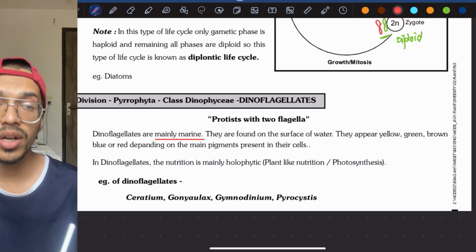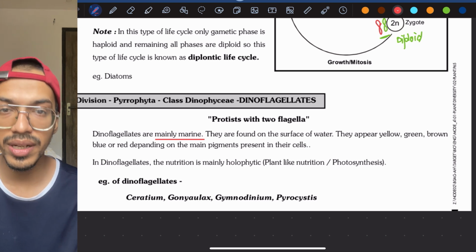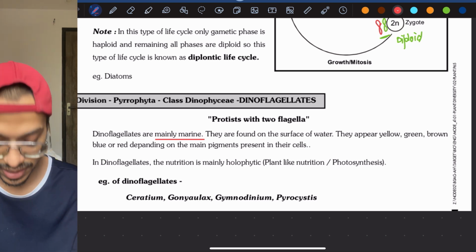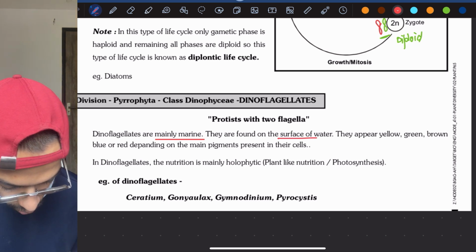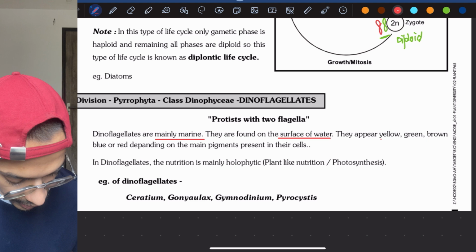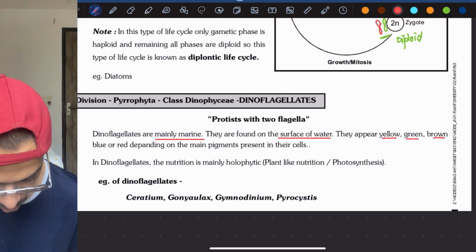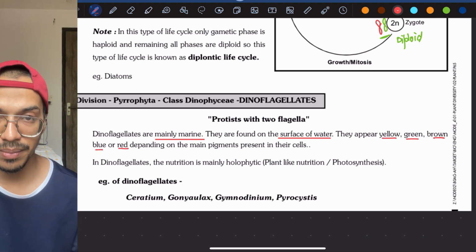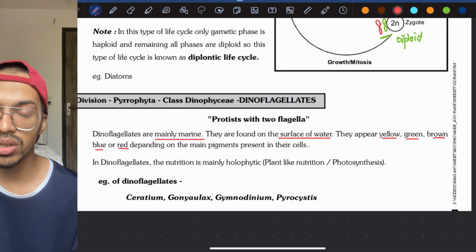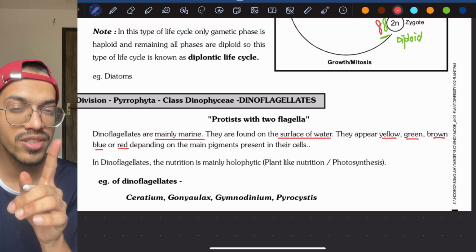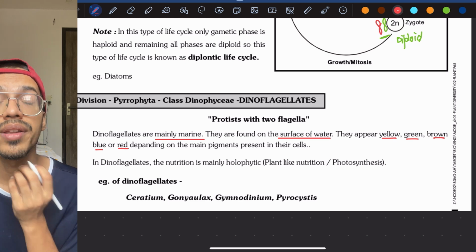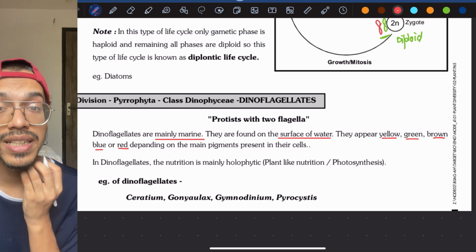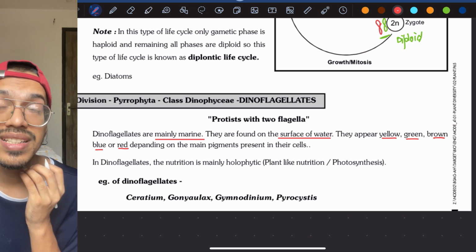They are present on the surface of the water, and that's why they give a particular characteristic color to it. For example, they appear yellow, green, brown, blue or red depending upon their main pigments, and they cause red tides. We studied about the Red Sea because of a bacterium of the kingdom Monera, Trichodesmium.